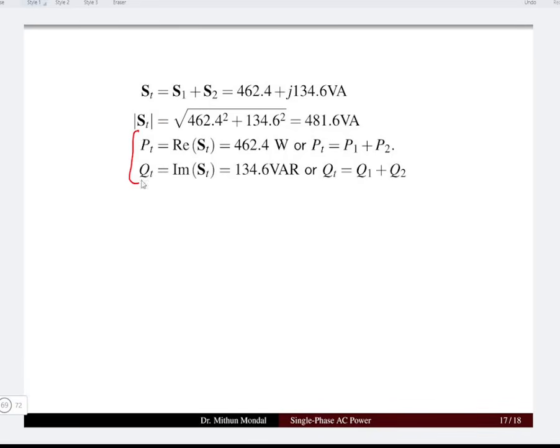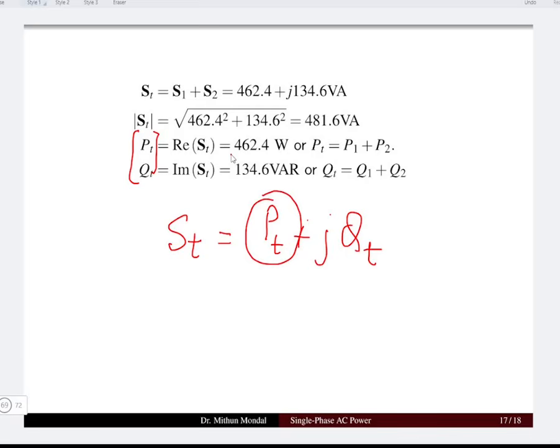The real and the reactive power can be obtained from the total power concept. The complex power is equal to the real part plus j times the reactive part. So the real part of the complex power is 462.4 and the imaginary part is 134.6 volt ampere reactive.